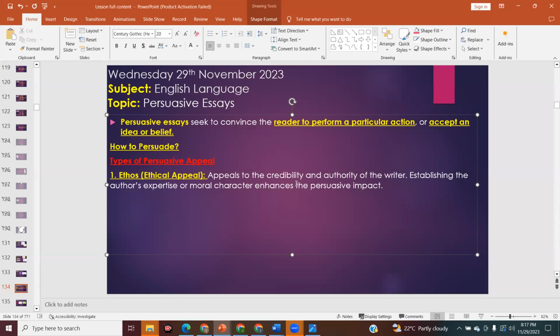So ethos deals with moral character, but also with the expertise and skill of the writer. You may say, you have to listen to this because Hans Zimmer was the one orchestrating things, and he's known for what he does in the orchestra world.